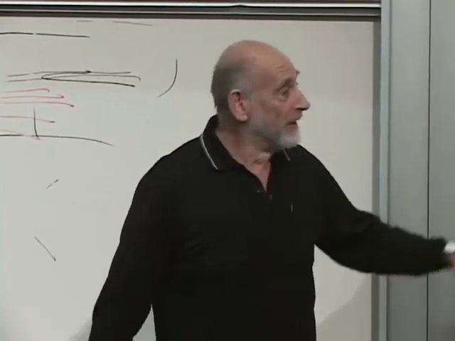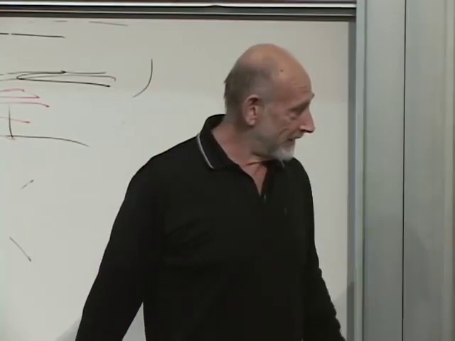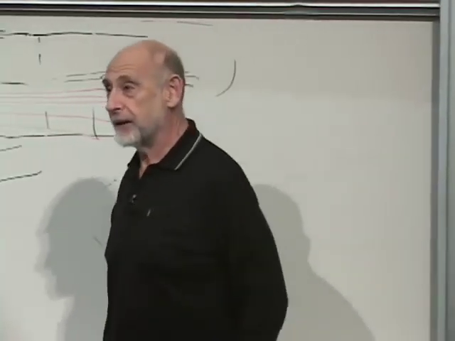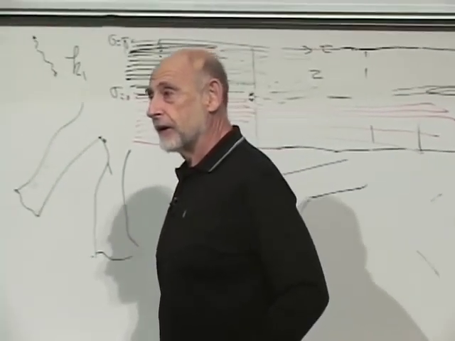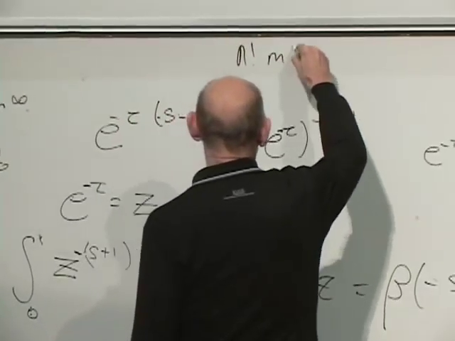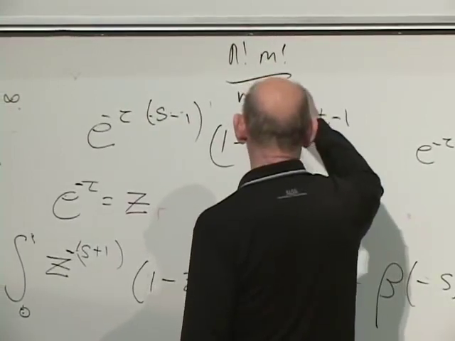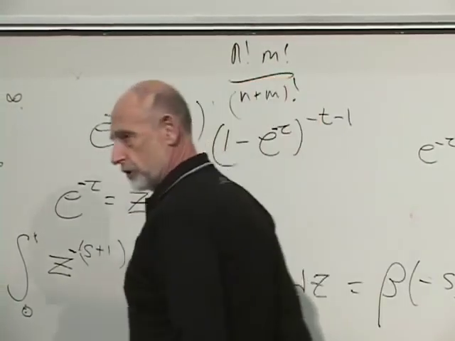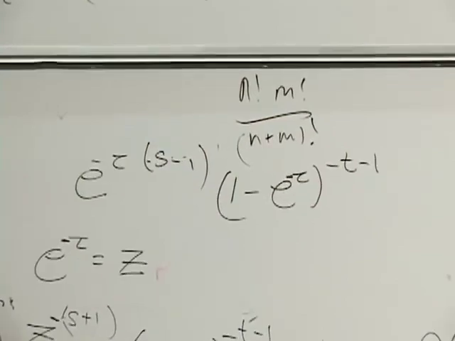It is true that the beta function evaluated at integers is the inverse of the combinatoric coefficients. You know what he's talking about? He's talking about n factorial, m factorial over n plus m factorial, which occurs all over the place in combinatorics.